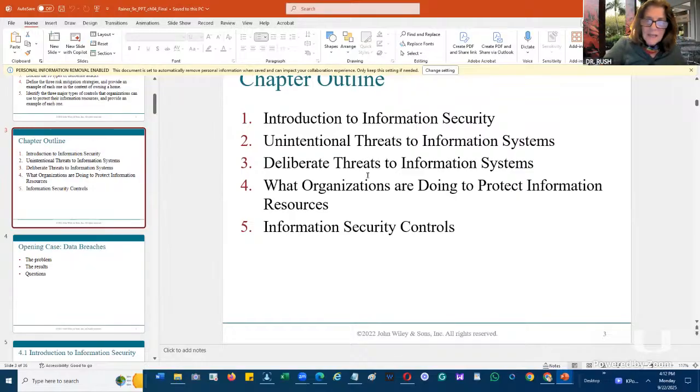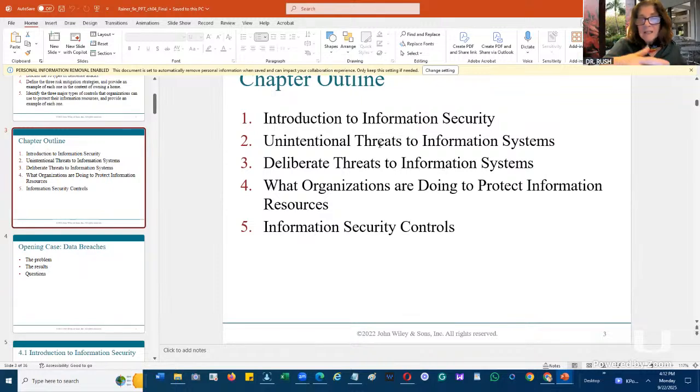So basically, you have information security and you have what they call unintentional threats and deliberate threats. What does unintentional mean? Brandon, what do you think? Like maybe your credit card accidentally gets leaked online. Unintentional means no one did it with intention.